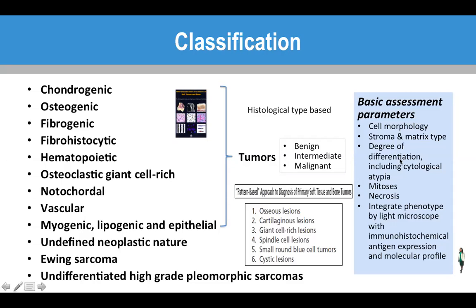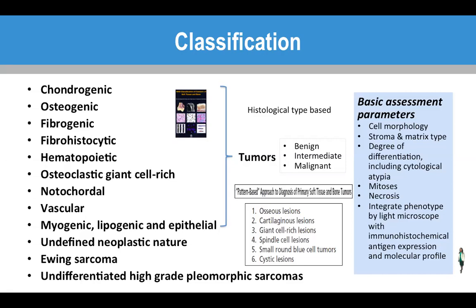The next thing we're looking at is whether this is benign or malignant by the differentiation, if there is any atypia, mitosis, necrosis. So we look at the nuclear features to evaluate the degree of differentiation. If the nuclear features are big, dark, and ugly in general, that means malignant.